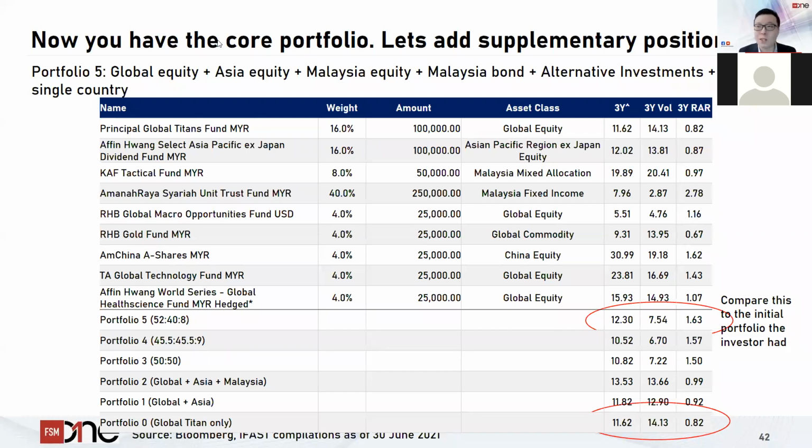If the market is bullish and there's still upside, then you can take a bit more aggressive position. For example, let's say you're a balanced portfolio investor, 50-50, 50 equity, 50 bonds. You can go maybe 55% into equities, reduce the bond part if markets start to turn for the better. So this is what iFast or FSMOne portfolio managers do as well.